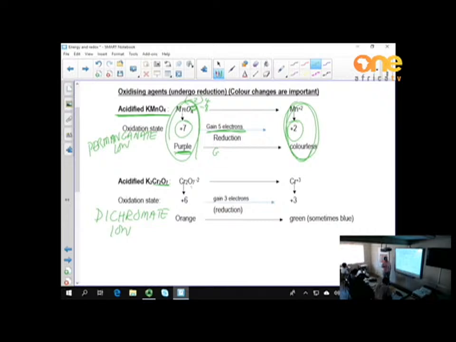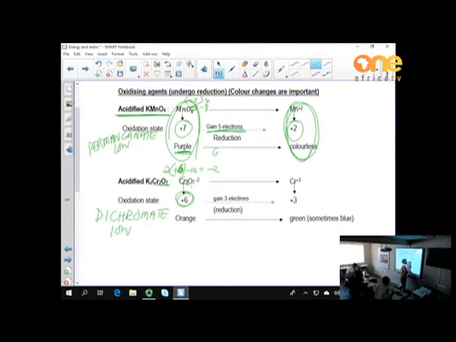So now if we're going to have a look at the oxidation state of the chromium in the dichromate ion, we will find, well, oxygen, 7 of them is -14. I must have a resulting charge of -2. So the chromium, there are 2 of them, has got to be 2 times +3. No? 6, 12. It must be 12. 2 times +6. So the chromium ion has an oxidation state of +6.